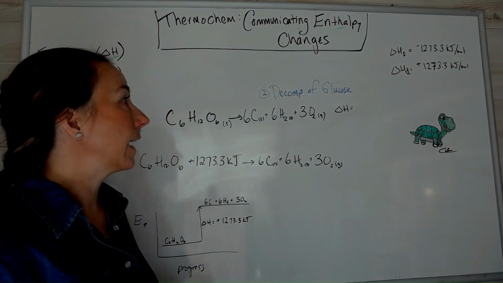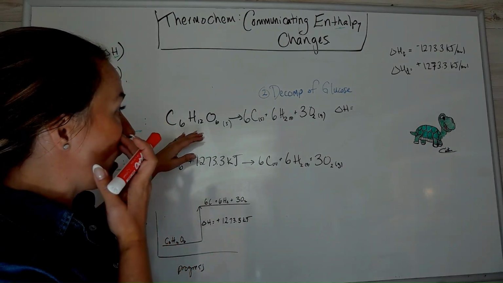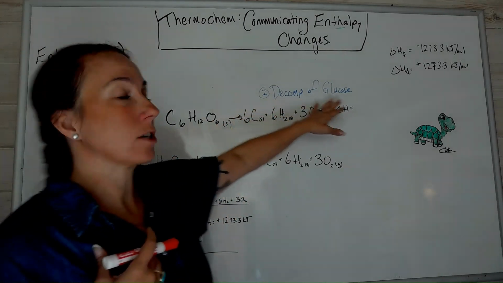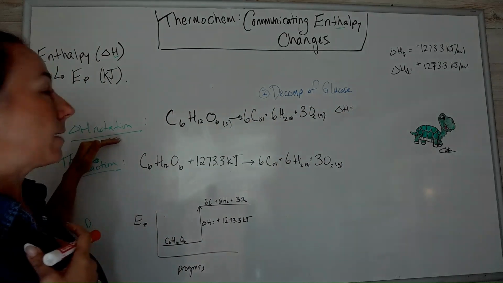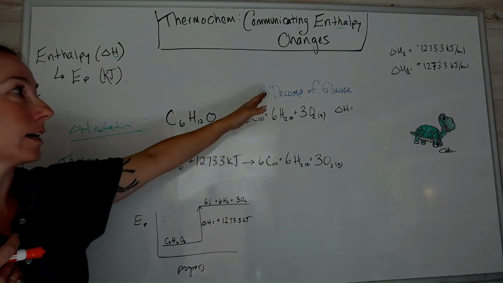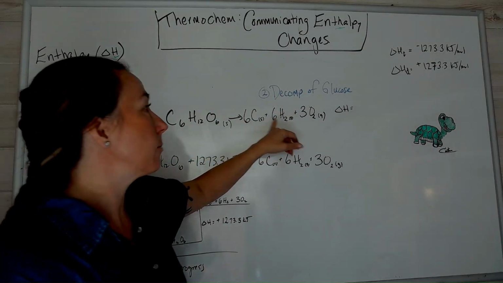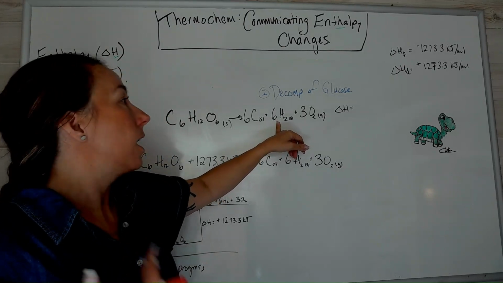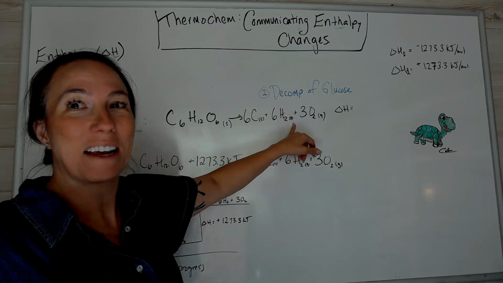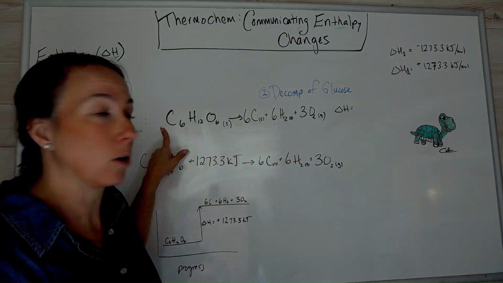Let's have a look at an endothermic reaction, pardon me, we just did exo. Here I have decomposition of glucose. So when I'm doing my delta H notation, I'm going to take my glucose and make it go into its elements, decomp. Carbon is a solid at room temperature or at 25 degrees Celsius. H is a diatomic and it's a gas. Oxygen is diatomic and it's a gas, balanced with a 1 in front of that glucose.